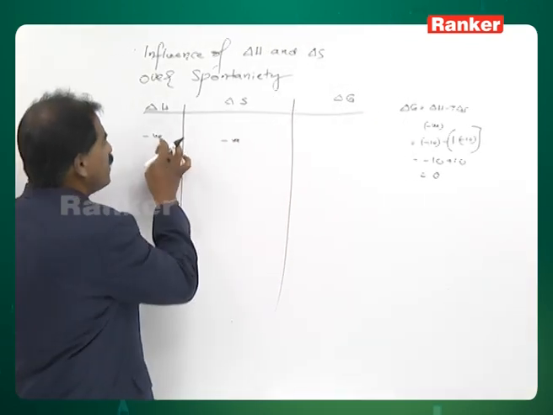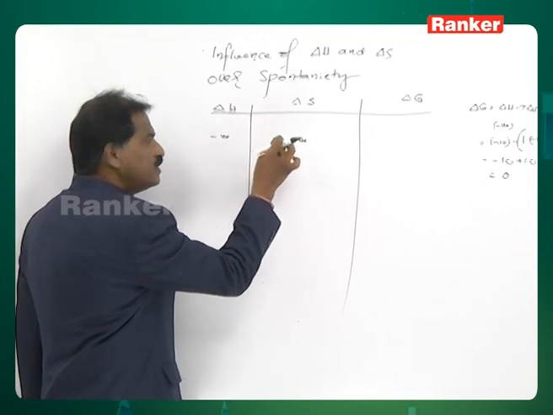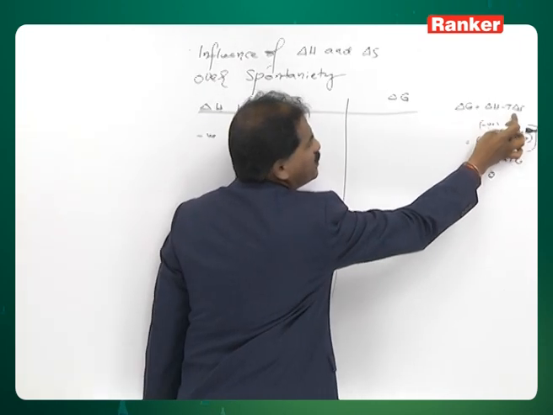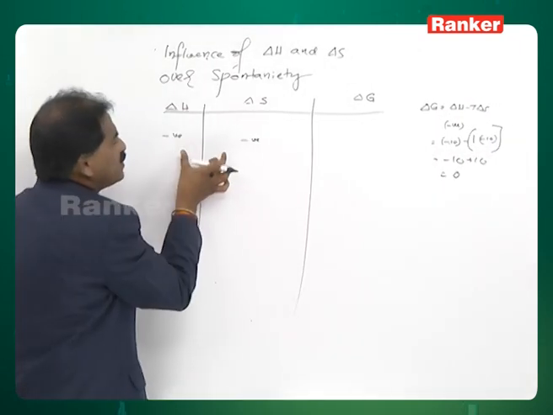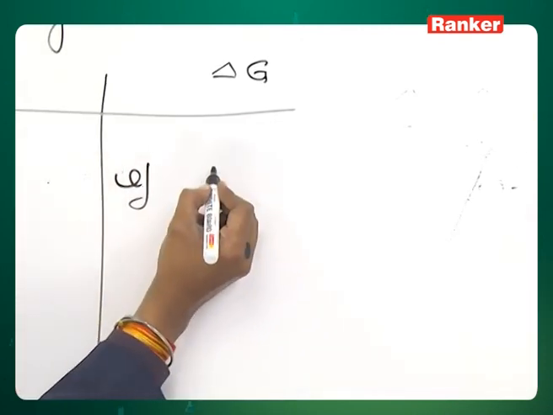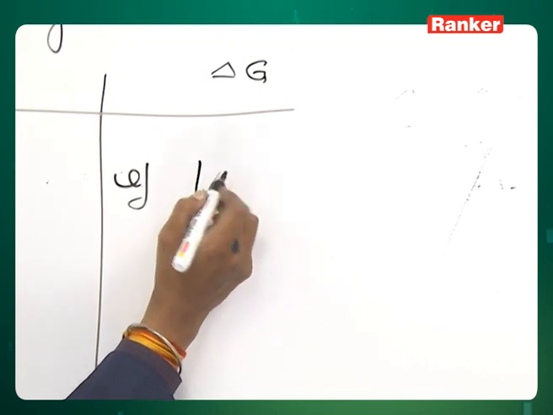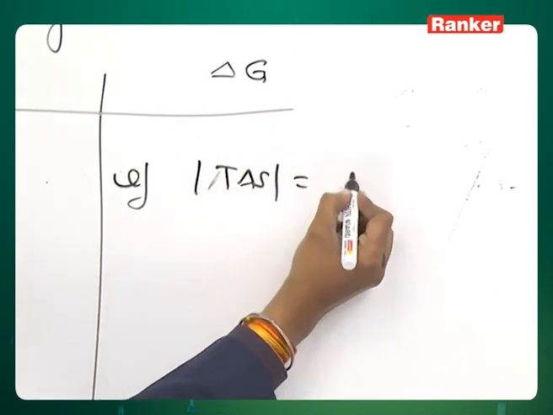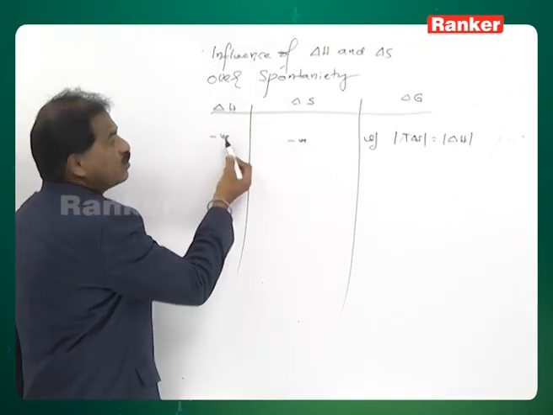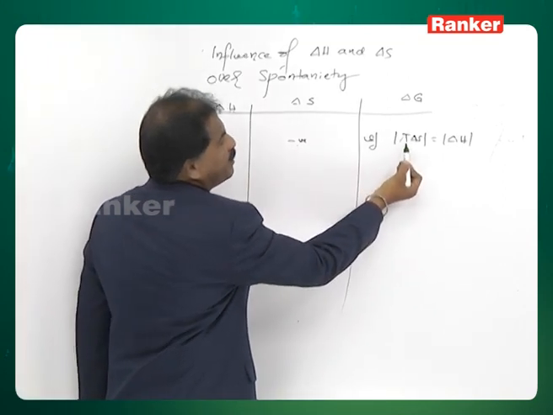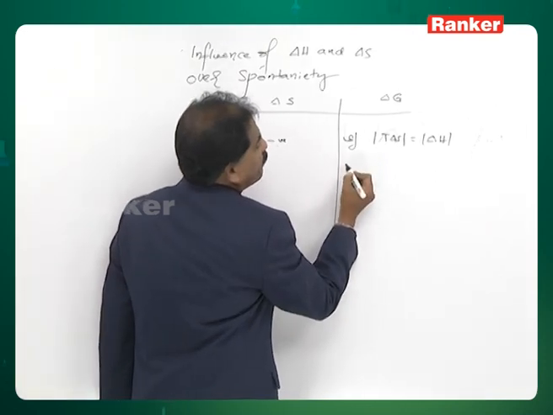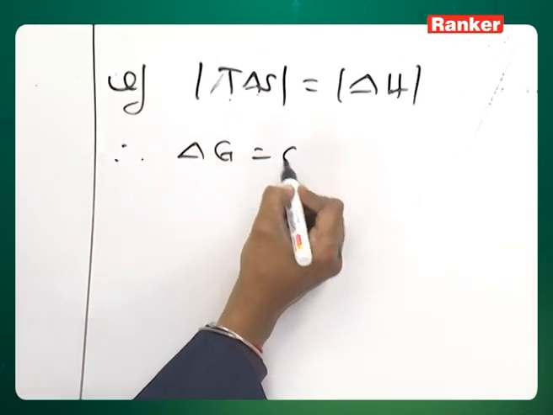That means, if the enthalpy change is negative, the entropy change is also negative, and the magnitude of the T del S term becomes equal to the enthalpy change, then the reaction comes to equilibrium. If the magnitude of T del S becomes equal to the magnitude of the enthalpy change, then del G is equal to 0.